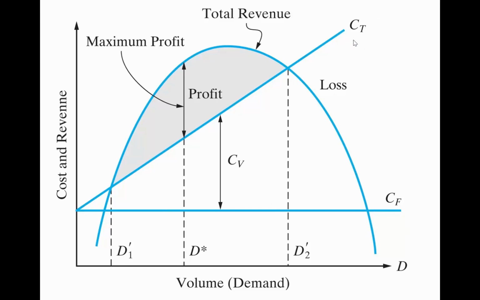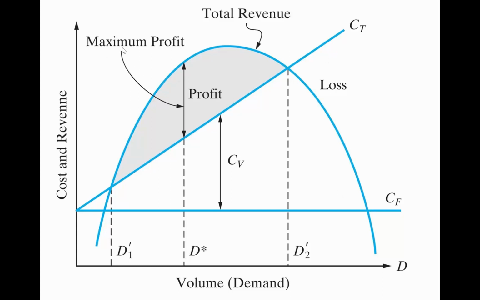The total costs, though, include variable. So C sub V is the variable cost. If you make a certain amount of items, you've got that much variable cost, and the total cost is the fixed, which is below that line, plus the variable. So if you're making a lot of items, then your variable costs are going to be high.